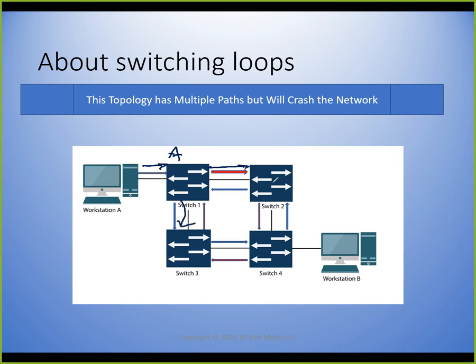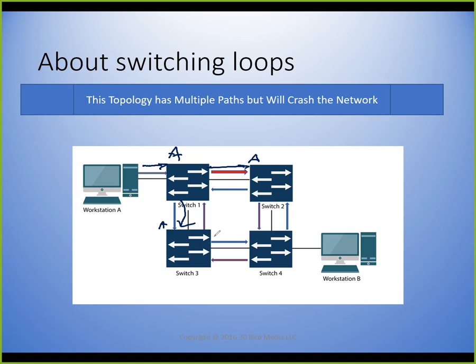These guys don't know where they are. But he thinks that A is here, and he thinks that A is here, because we know the source MAC address of these things, because that's the first one in the frame. So now we've got A on a whole lot of different places.